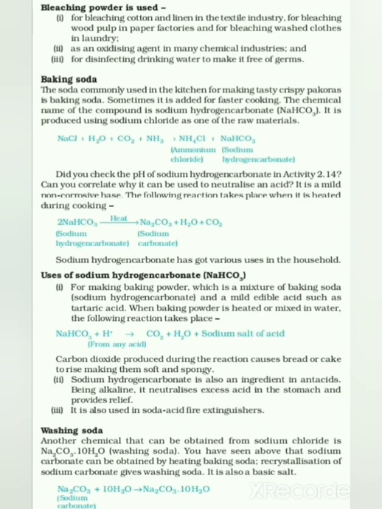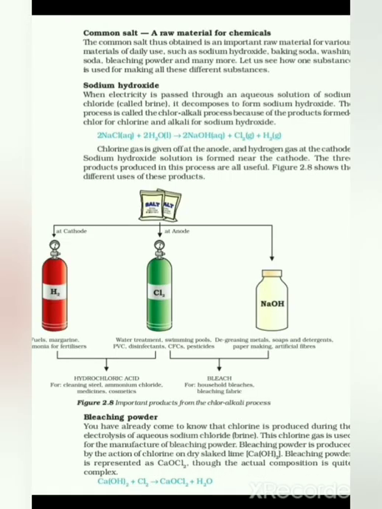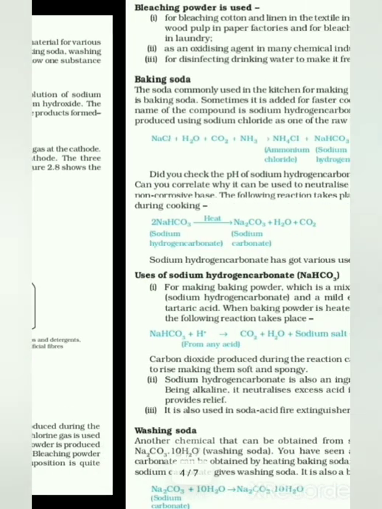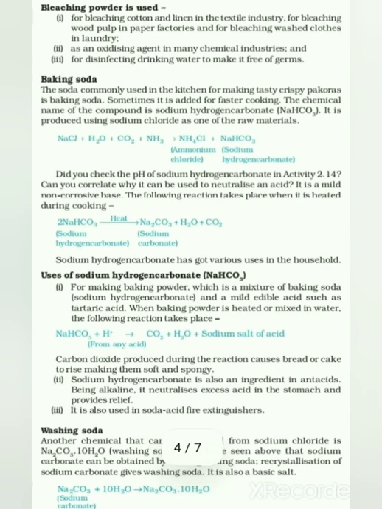It is also used as an oxidizing agent in many chemical industries and for disinfecting drinking water to make it free of germs. So as a disinfecting agent, this bleaching powder can be used. Students, you have to understand preparation and uses of all the salts which we will discuss in this lesson.